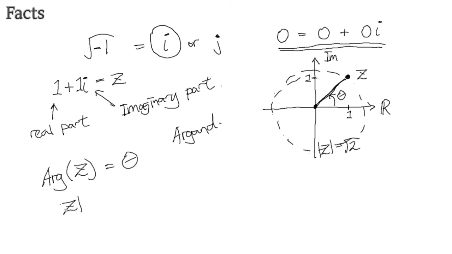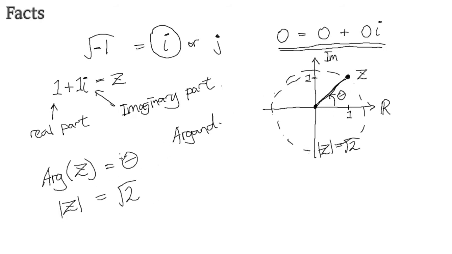is equal to square root of 2. You want to use Pythagoras for an arbitrary z, by the way. Make sure you use the Pythagoras theorem to get the modulus.